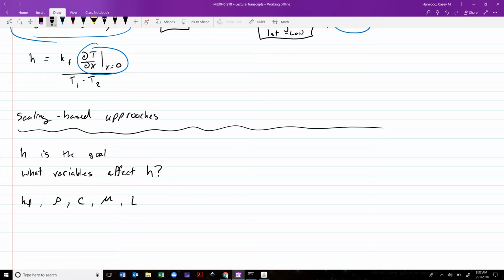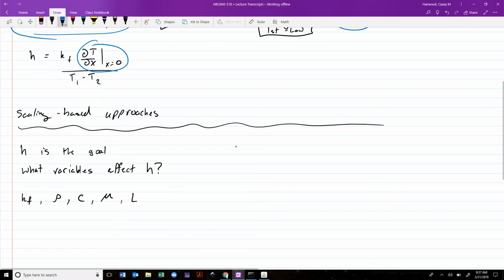L, and I should mention L here, is a characteristic length, or sort of the size of the thing we're considering. So if we're talking about flow between two parallel plates, L would, for example, be the distance between those plates.